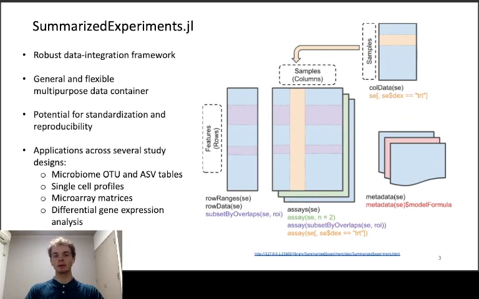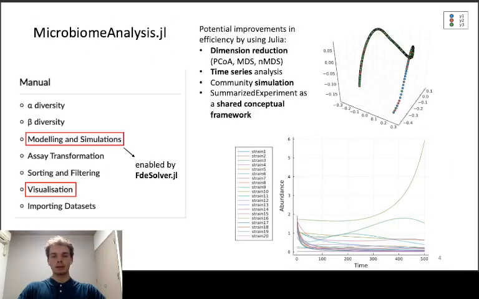And now I'm going to show you how we used this container in Julia in the context of microbiome research analysis. The results from a microbiome profile or experiment generally come in the form of a matrix, where columns represent different samples or patients, and rows represent different features or taxa that were detected in a specific sample. And sometimes metadata could also come along.